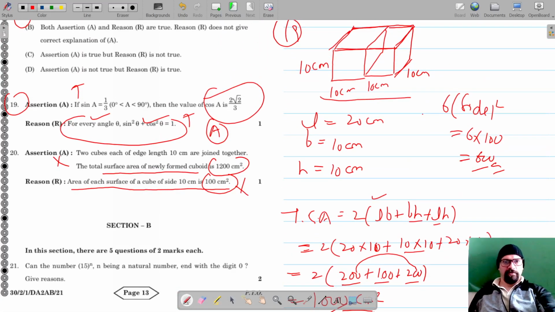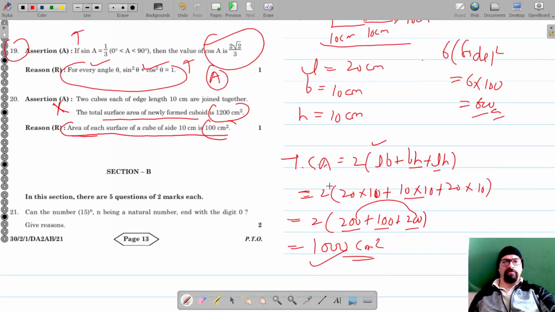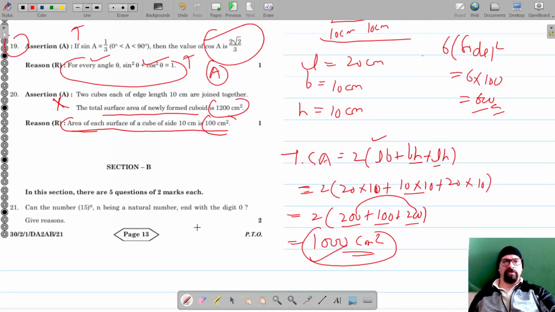Okay, for this question, question number 20, assertion A is not true. Sorry, the assertion is not true because the total surface area of the resulting cuboid is 1000 centimeters square.